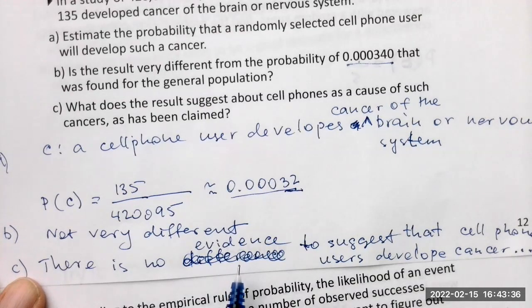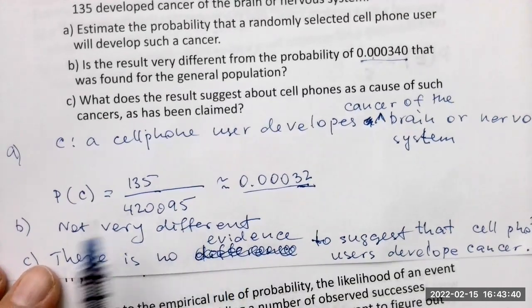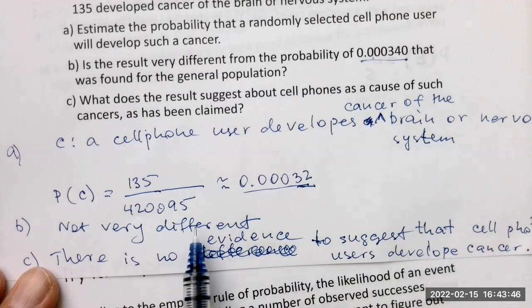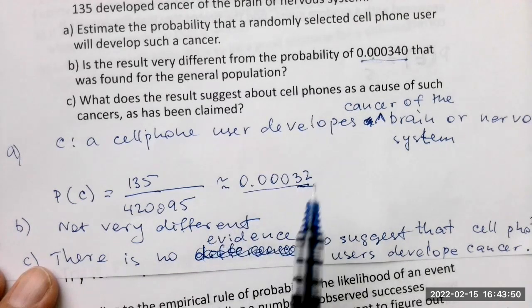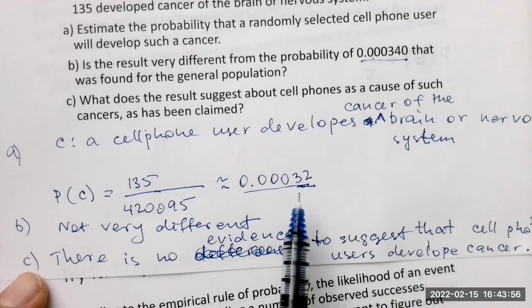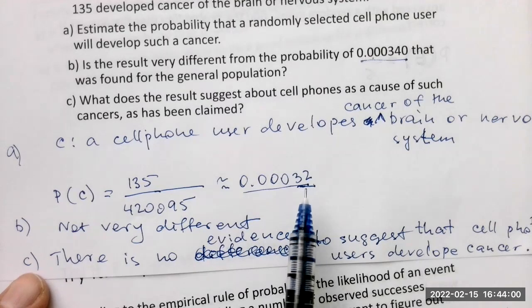All right, so in general, though, I want to come back to question B, where we found the results being not very different. So it's okay to say that for now, just by looking at the numbers, but usually if we are looking to find out if the results are very different, then we're looking for a difference of more than 5%.